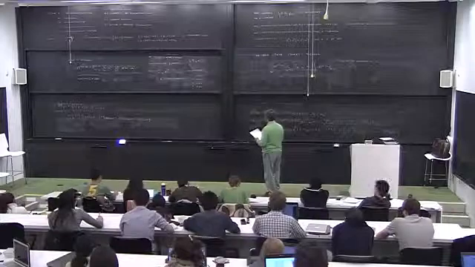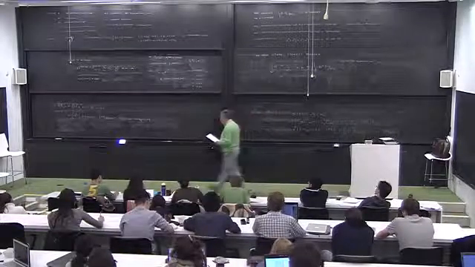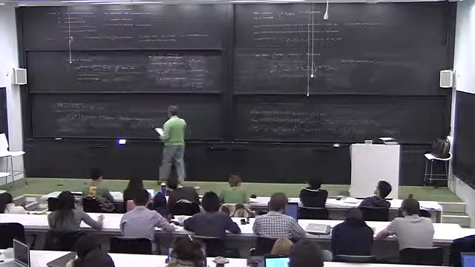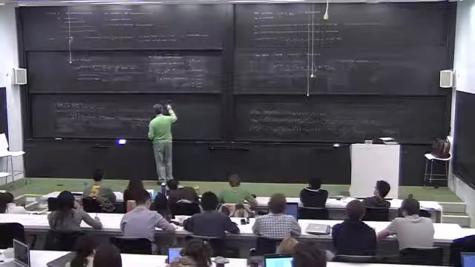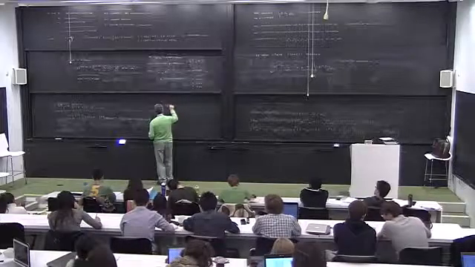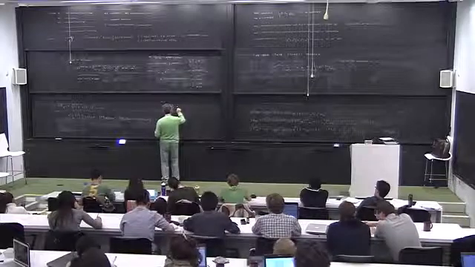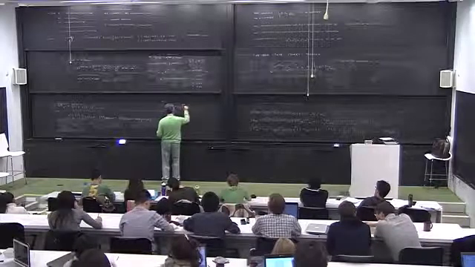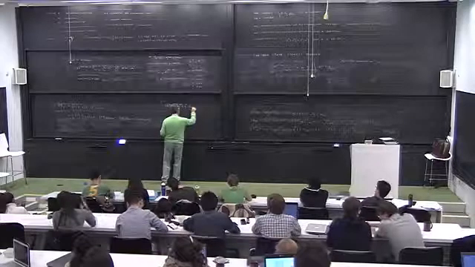The other part we need is delta square root minus G, which is 1/2 square root minus G, G mu nu, delta G mu nu.